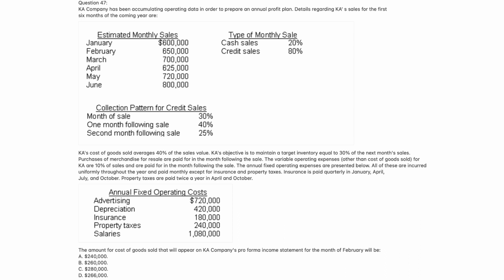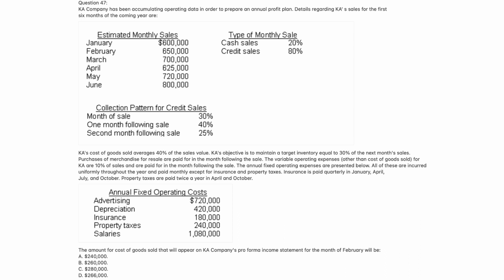Question 47. KA Company has been accumulating operating data in order to prepare an annual profit plan. Details regarding KA's sales for the first 6 months of the coming year are given. KA's cost of goods sold averages 40% of the sales value. KA's objective is to maintain a target inventory equal to 30% of the next month's sales. Purchases of merchandise for resale are paid for in the month following the sale.